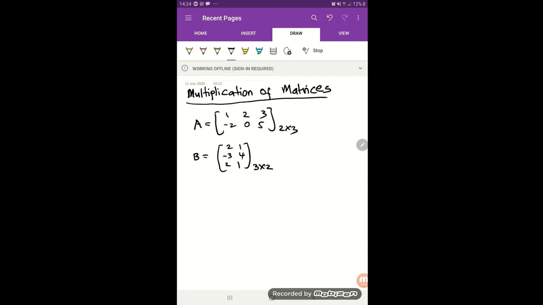You can see here the multiplication of matrix A and matrix B is defined because the number of columns of matrix A is equal to the number of rows of matrix B. So the answer must be in order 2 times 2.